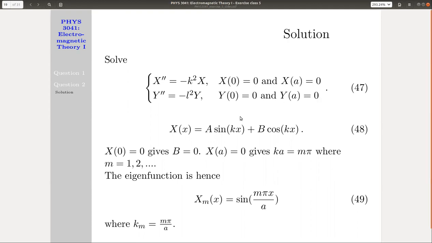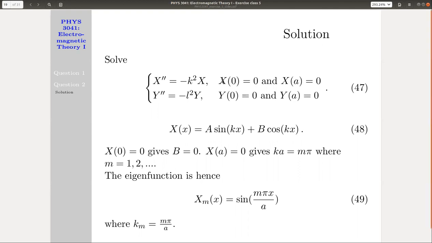You should recognize the solution of this differential equation to be some sinusoidal functions. So here the general solution of x will be a sine kx plus b cosine kx. The next thing we need to do is to impose the boundary conditions.